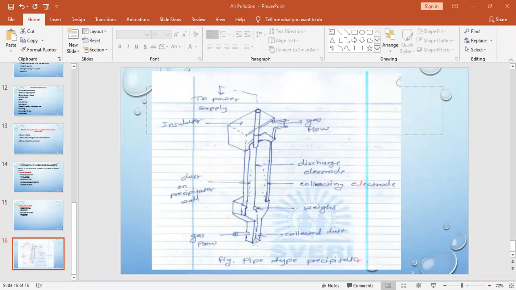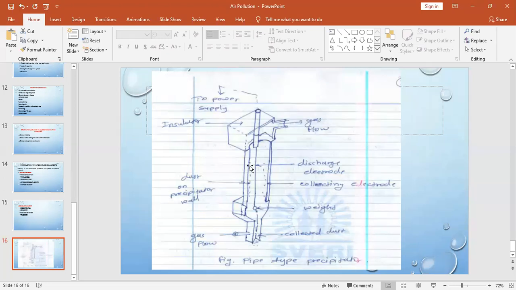There are two electrodes in this electrostatic precipitator. Are you able to see this? The center one is a wire. Different types of electrostatic precipitator can be considered. So this is the tube type. A few more figures I will show, in which you can see the plate type of electrostatic precipitator.